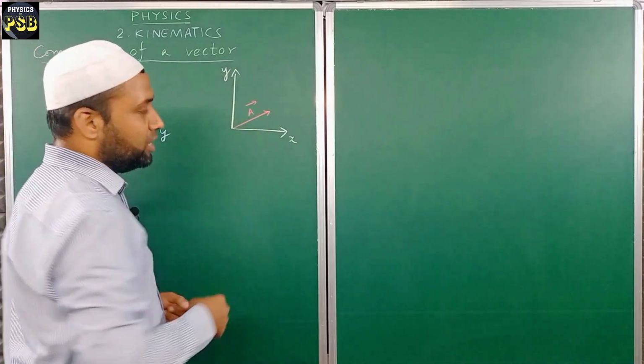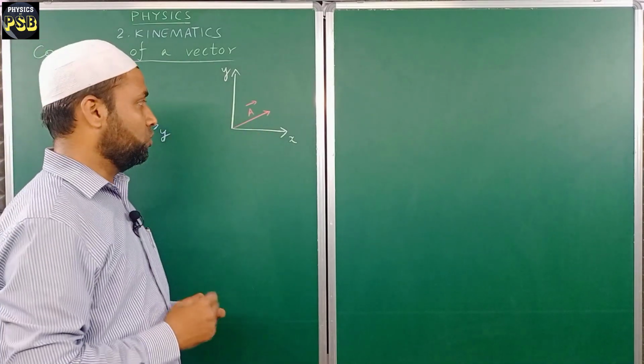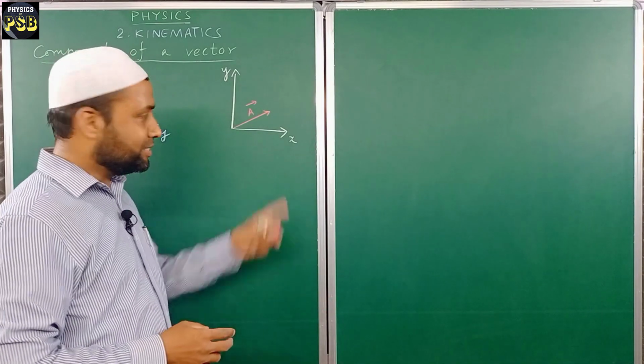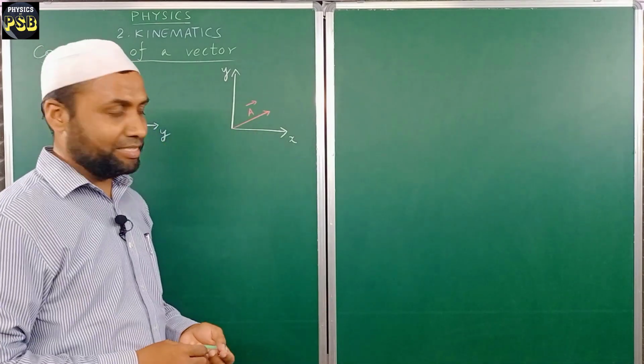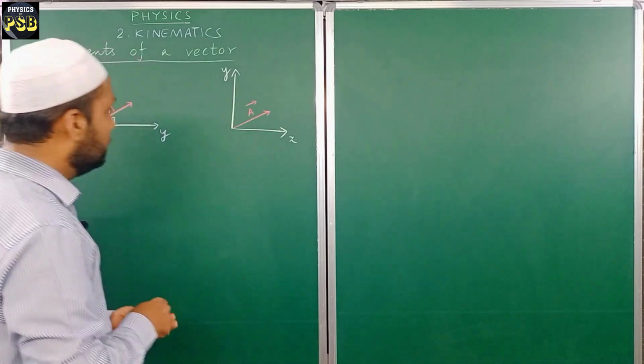In a two-dimensional coordinate system, the vector is resolved into two components. One acts along x-axis, another acts along y-axis, I'm sorry.